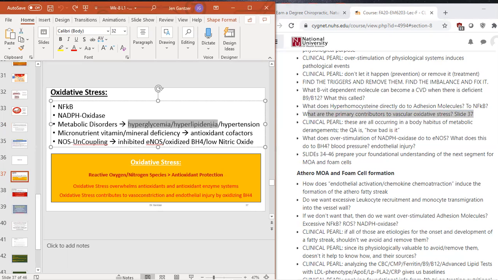It is literally the underlying cause of every disease of the body. So hyperglycemia alone will do this. Hyperlipidemia alone, through a different mechanism, will also do this. Hypertension almost always is caused by hyperglycemia-induced hypertension and hyperglycemia-induced ROS. And NADPH oxidase, if it gets overstimulated by hyperglycemia, guess what it does?